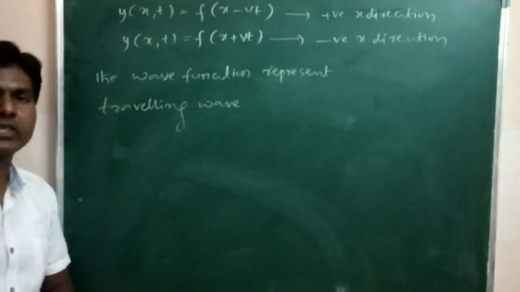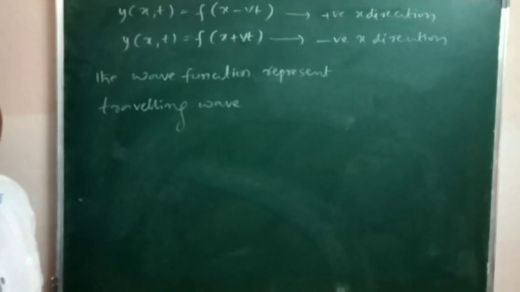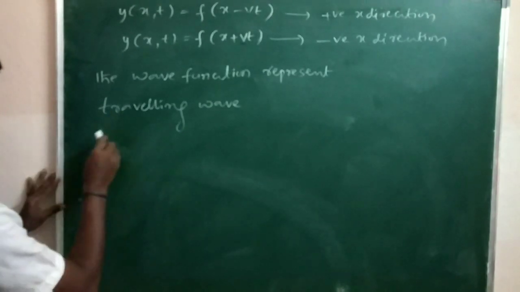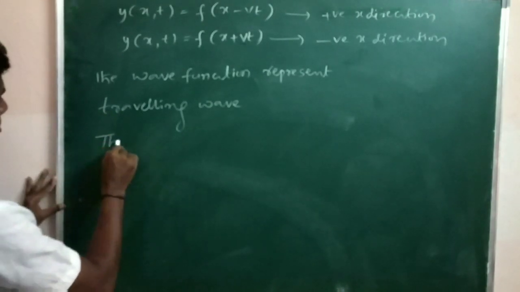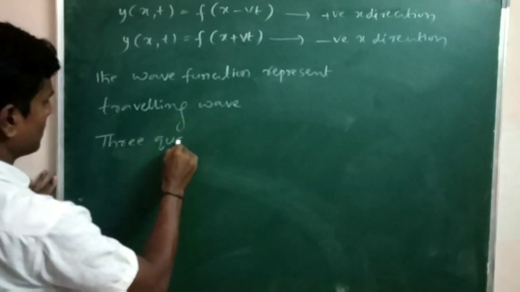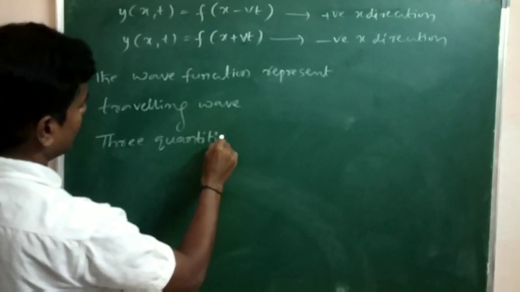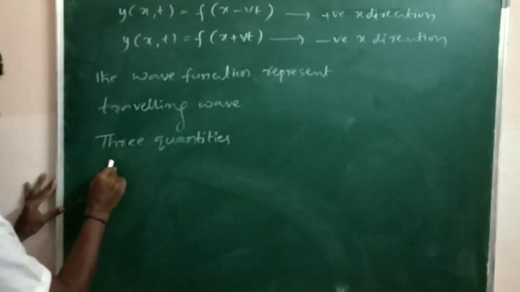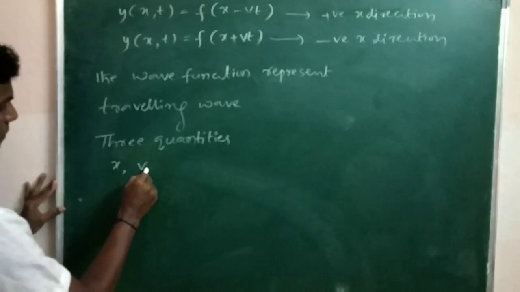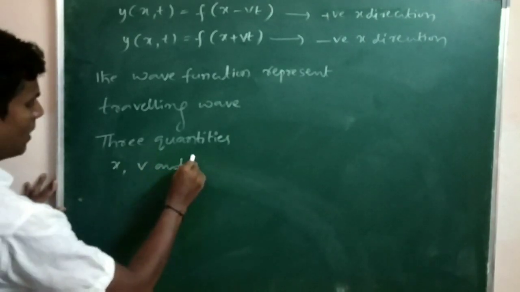It involves three quantities, which are x, v and t.